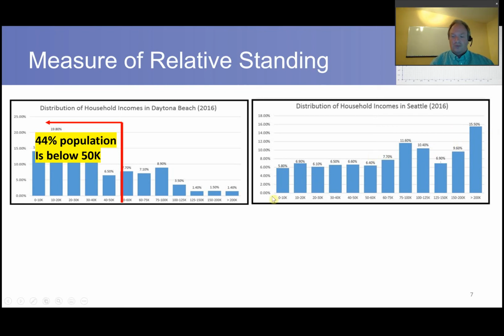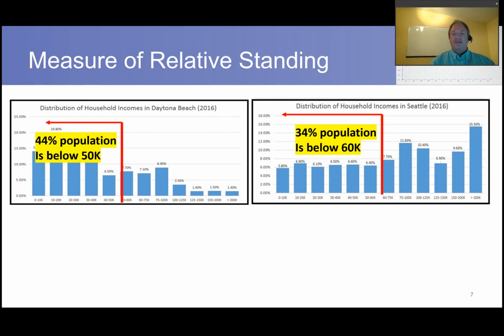Very unusual. But in any case, if we find $60,000 and add up the percentages of all those bars below, we would find that 34% of the population makes less than 60K. And so we would say that 60,000 is the 34th percentile for household incomes in Seattle.